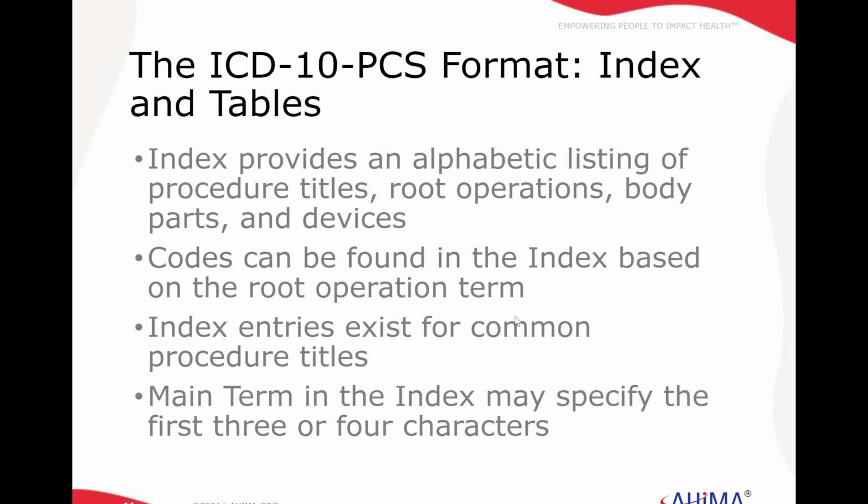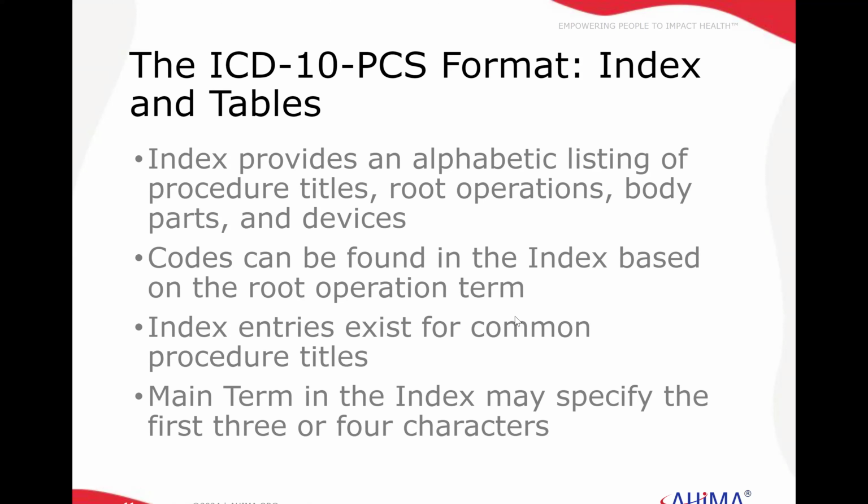Something else a little bit different about ICD-10 PCS as opposed to ICD-10 is the alphabetic index. With diagnosis coding, we looked at main terms that were in bold. With the index in the PCS codes book, we have an alphabetic listing of procedure titles, and this gives us root operations, body parts, and devices.